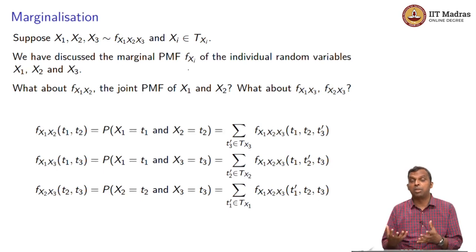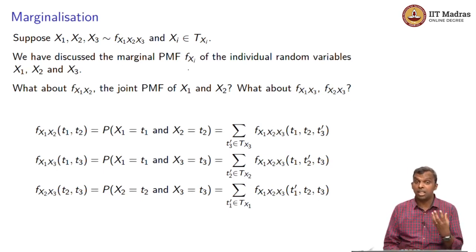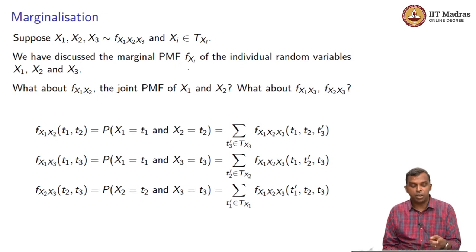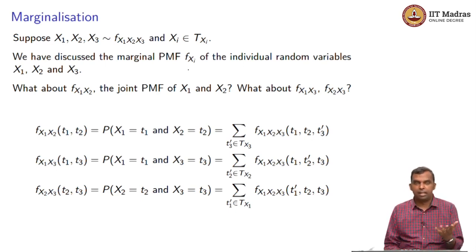So given the joint PMF, you can always go to the marginals in this fashion, and the marginals need not be individual random variables. They can even be pairs of random variables, x1, x2 or x1, x3. What do you do for x1, x3? You sum over t2 prime, in the range of x2. You sum over all possibilities for x2, and you get fx1, x3.